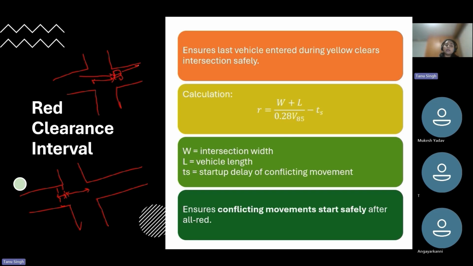Therefore it has been taken as (W + L) / (0.28 × V85) minus the startup delay of the conflicting movement. So this ensures that the movement starts safely after all red. This is the all red clearance interval time.